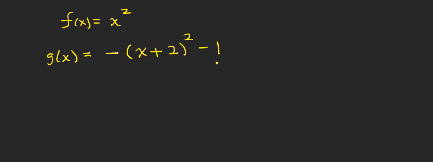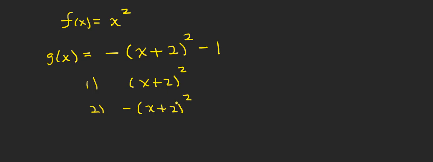So how would you sketch this, knowing that the parent function is x squared? First, I would sketch x plus 2 squared. So there's going to be a horizontal translation to the left twice. Second, I would sketch negative x plus 2 squared.